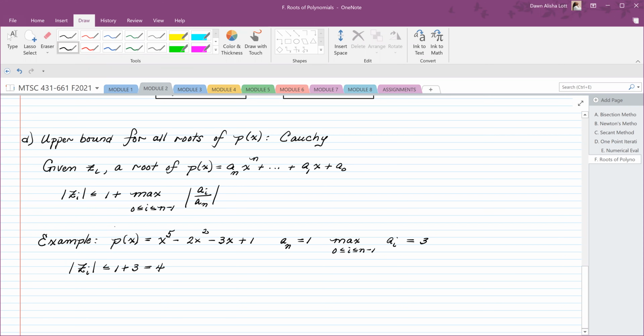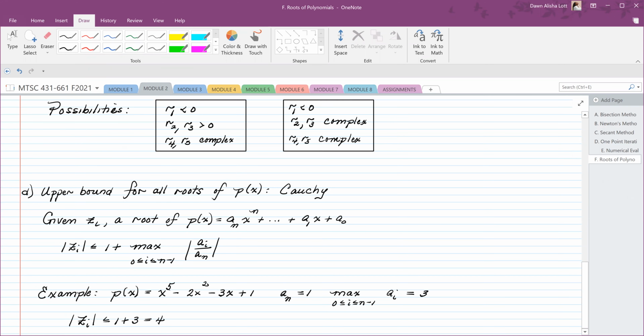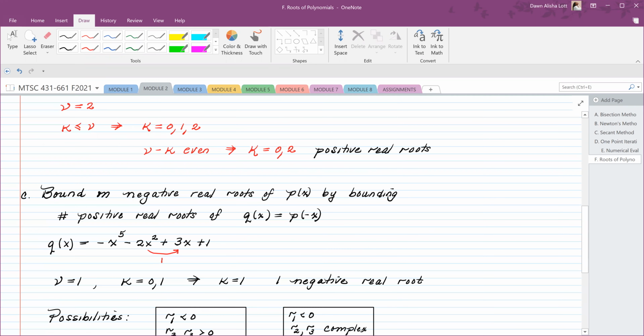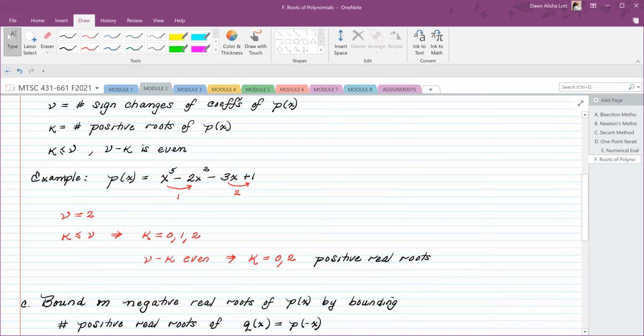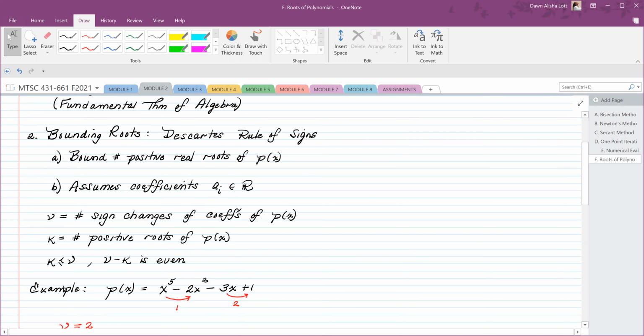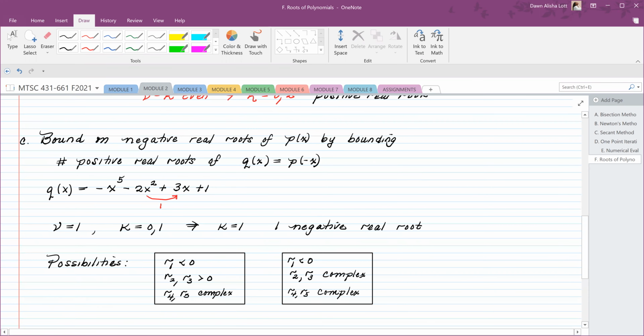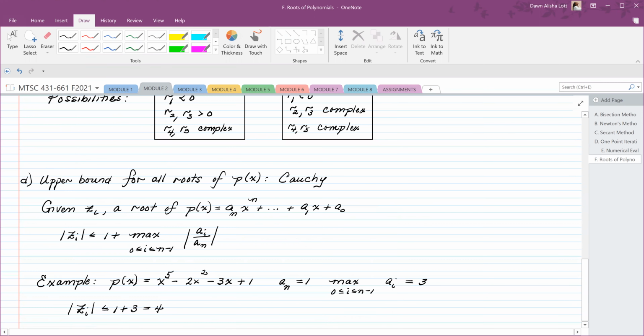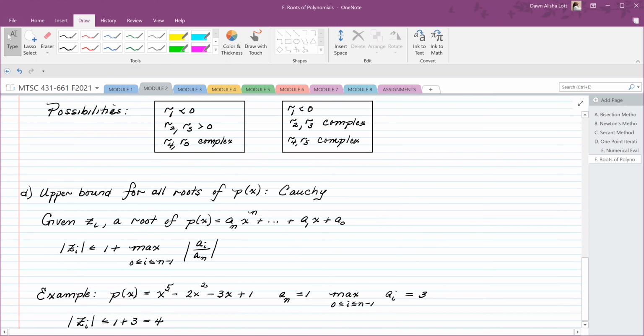Okay, so now we have several things that we know about this polynomial. We have an idea of the positive real roots, whether it has 0 or 2. We have an idea of the number of negative real roots, it's only 1. And we also know that of the real roots that it has, the upper bound for all the roots is that the modulus has to be less than 4.